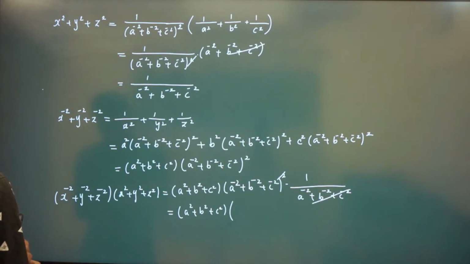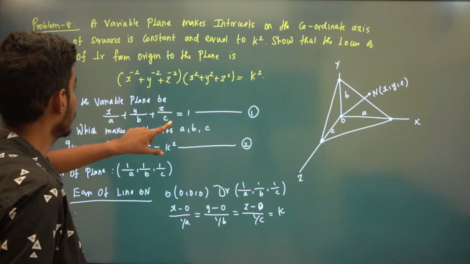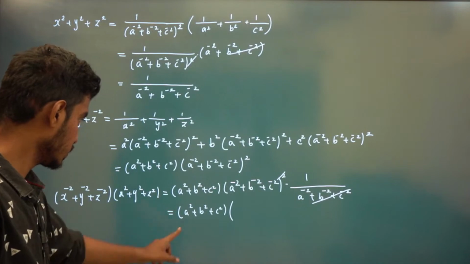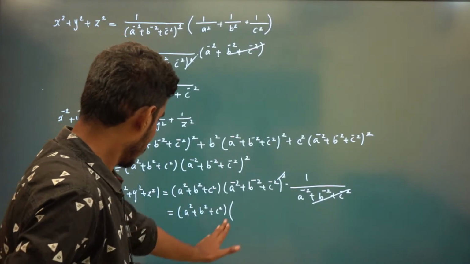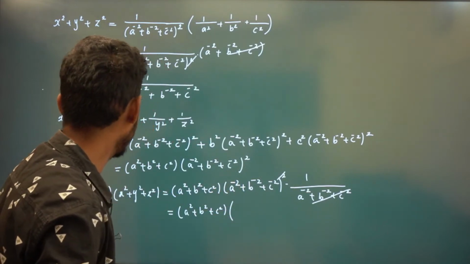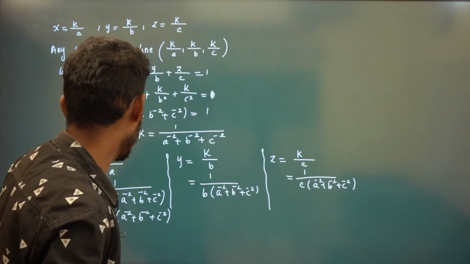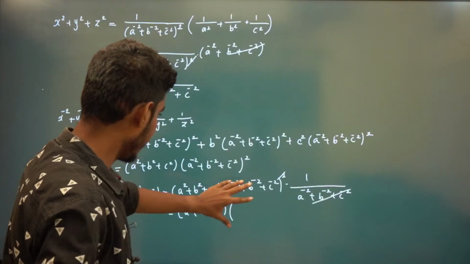So we can substitute this to be k square, because we know a square plus b square plus c square is k square. And we will have here 1 by a square plus 1 by b square plus 1 by c square. And if I take k outside, I can substitute that to be 1 by k.